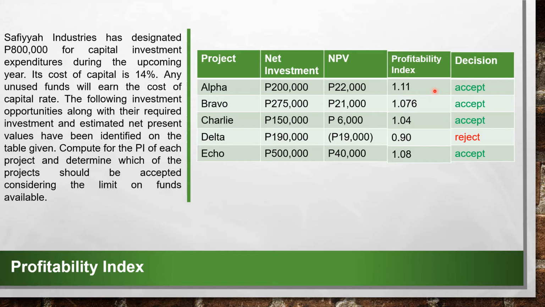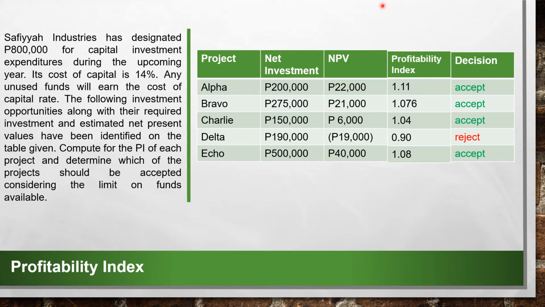So that's our first priority, Project Alpha. Then we have 1.08, Echo. Okay, that's our next priority. So therefore, we have Alpha and Echo for our project, because these two projects would already amount to 700,000, and the funds cannot cater any additional project.